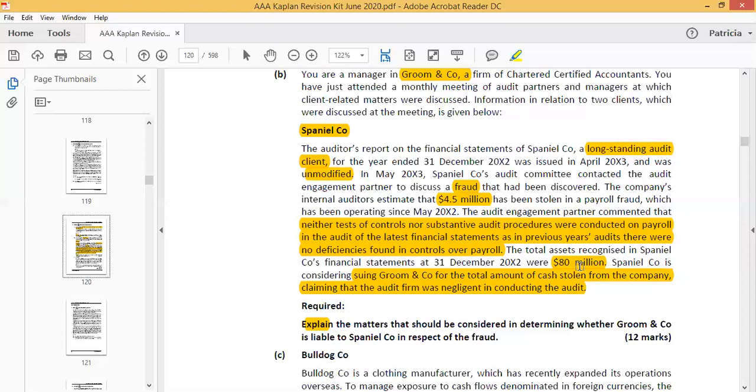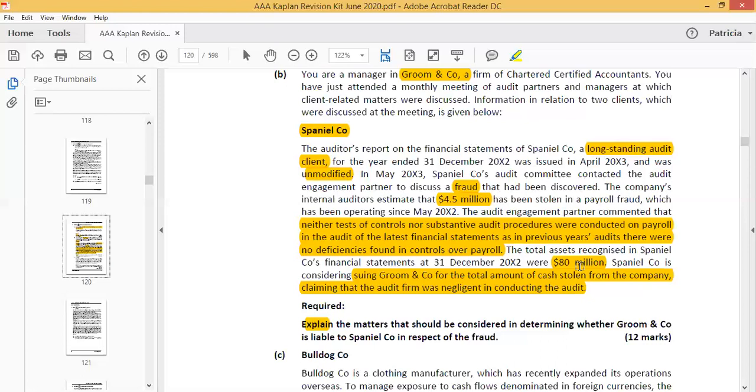If it's more than 1%, then it means that there is materiality there. So here it's 3.8%, so that means that it's material to the financial statements. So in this situation, the first thing to consider is the materiality level of that amount that has been suffered by Spaniel company.